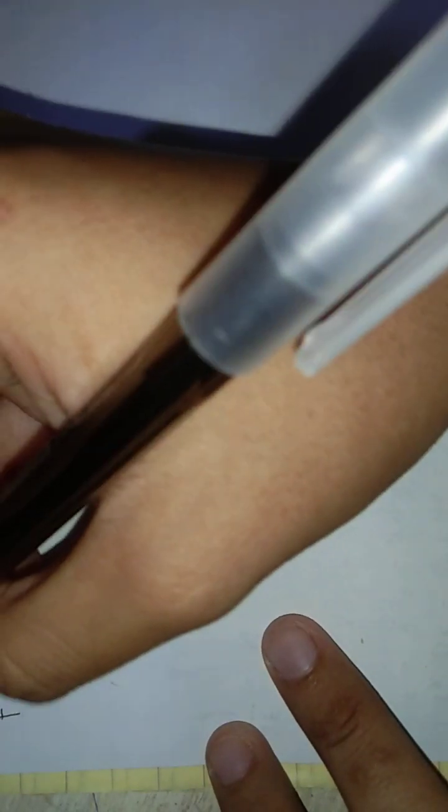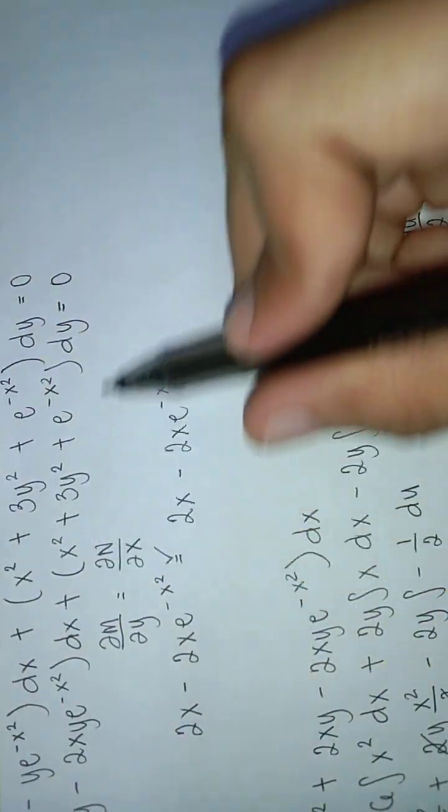Now let's solve for the g of y by using this equation. Deriving the potential function with respect to y equals N. Our N here will be this one. So the derivative of 2x cubed is simply 0. Derivative of x squared y is x squared.